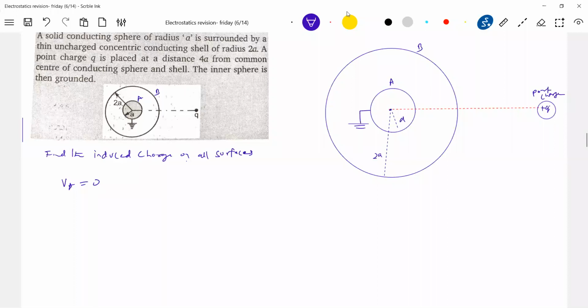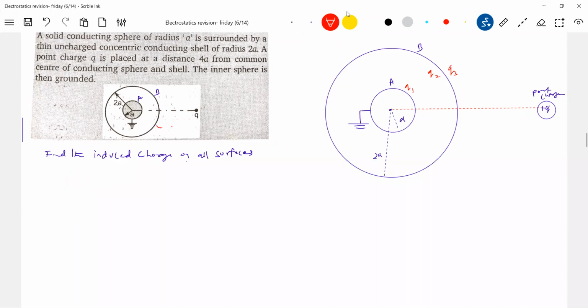What are the charges? We will just proceed in a similar way. Q1, Q2, Q3. This was neutral, no? In fact, both are neutral.